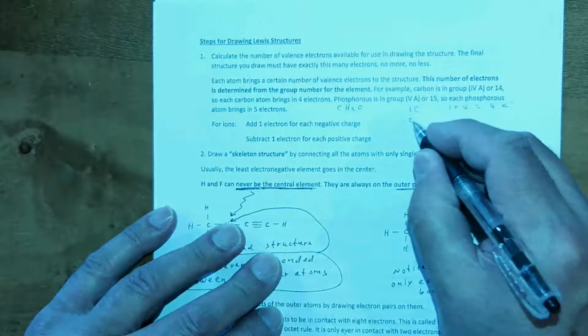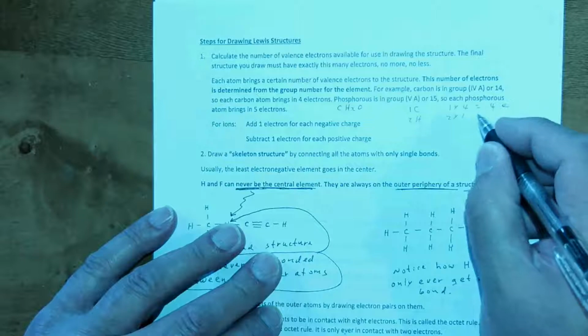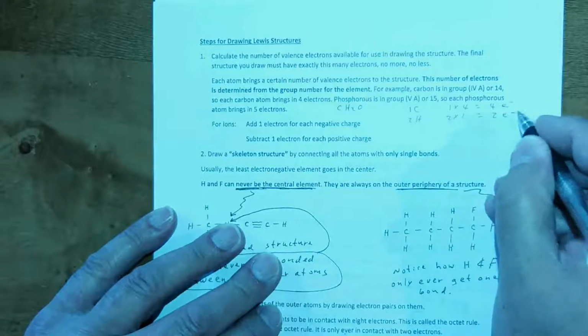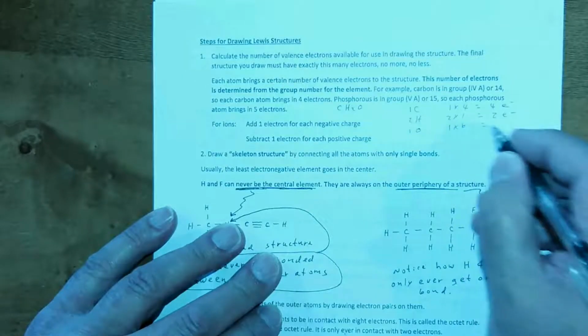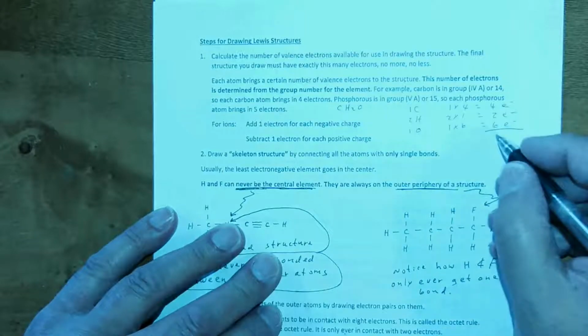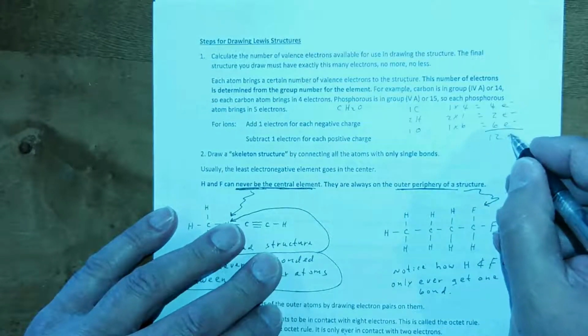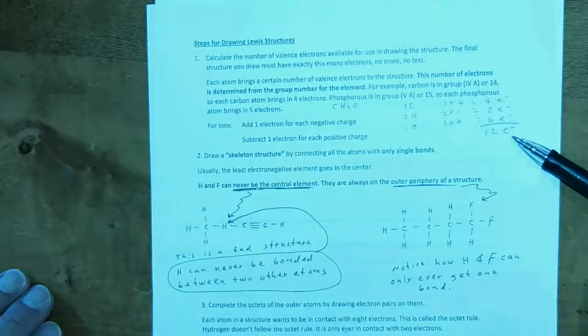You have 2 hydrogen atoms, so it's 2 times 1, 2 electrons. 1 oxygen atom, 1 times 6 would be 6 electrons. Add it all up, you should have 12 electrons. So what that means is, in the Lewis structure for CH2O, you have to show where 12 electrons live.